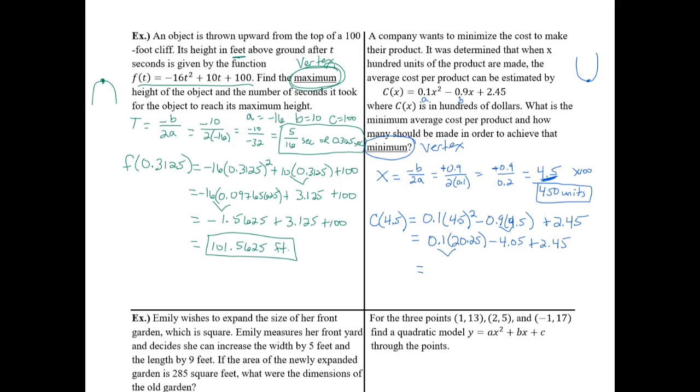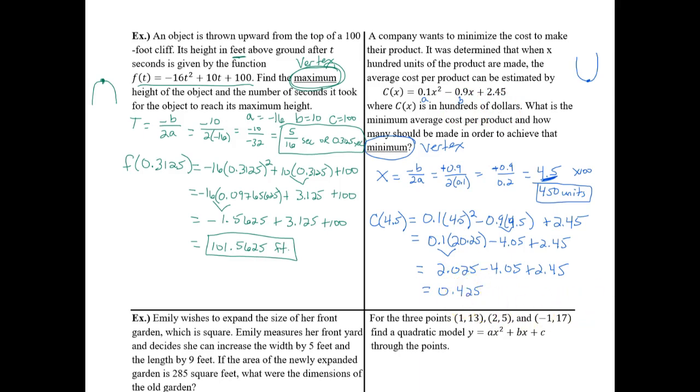Multiplying 1/10 times 20.25, we get 2.025. And then adding this up from left to right, we get 0.425. Now C of X is also in hundreds of dollars, so it doesn't cost basically 43 cents.